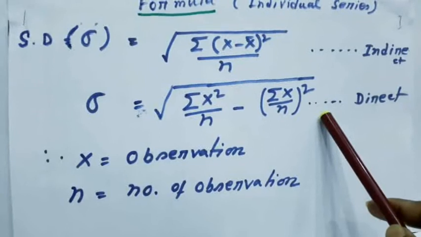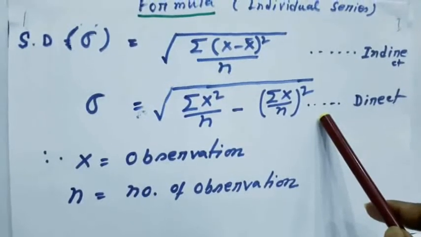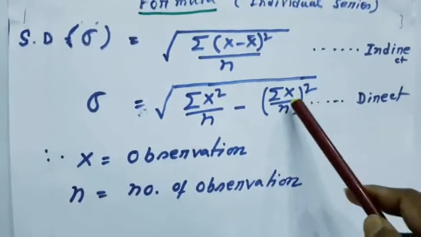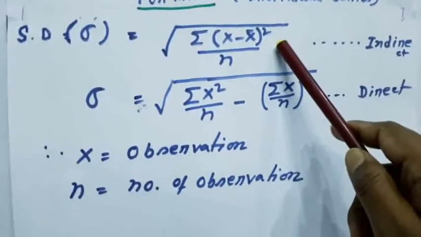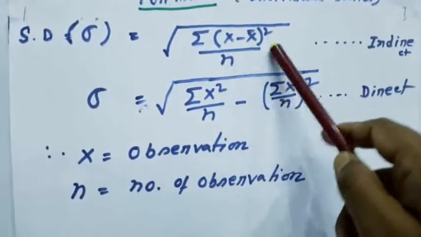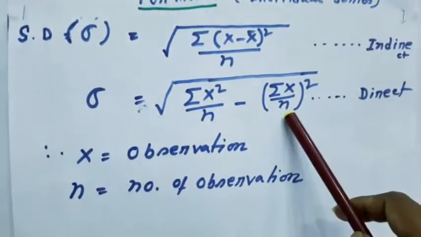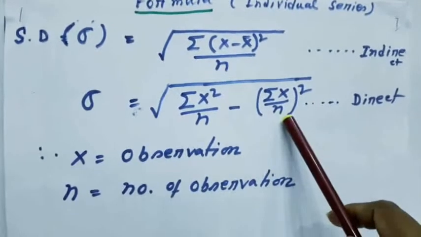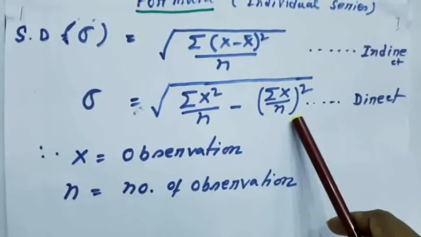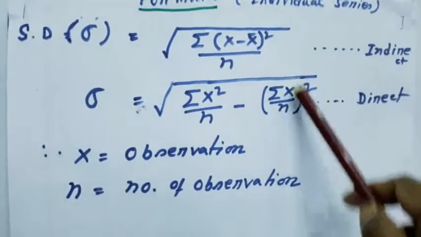For the social science students, you need not derive this formula, but for the statistics students you have to derive this formula and you will get this one. But in the social sciences like economics, education and sociology and other subjects, you can directly use this formula.